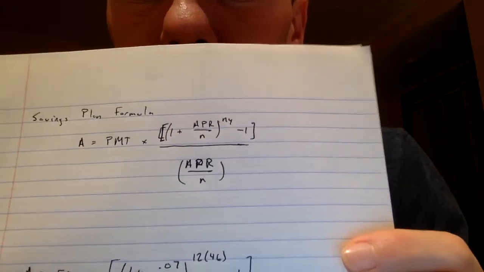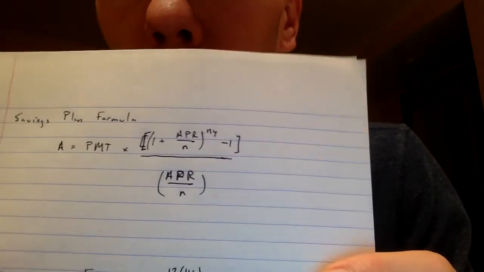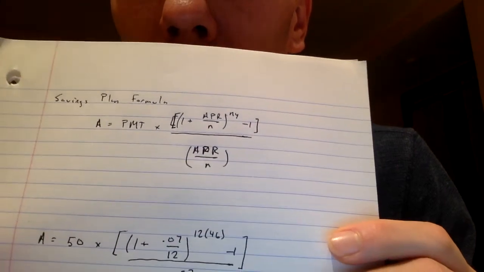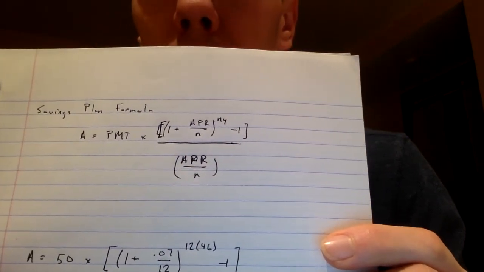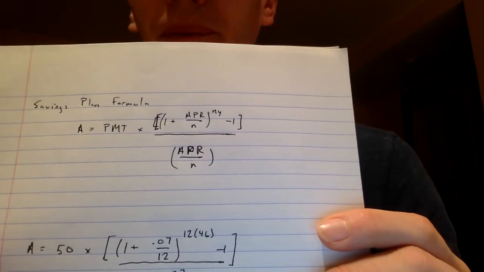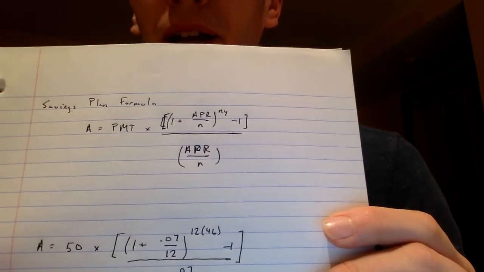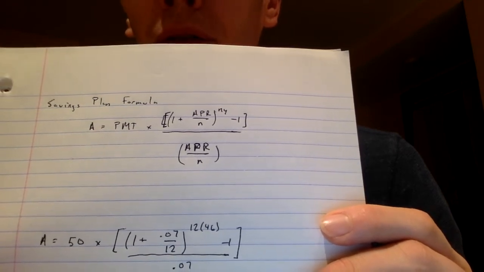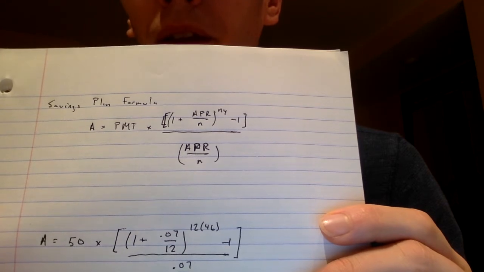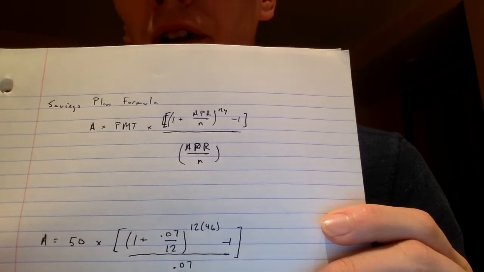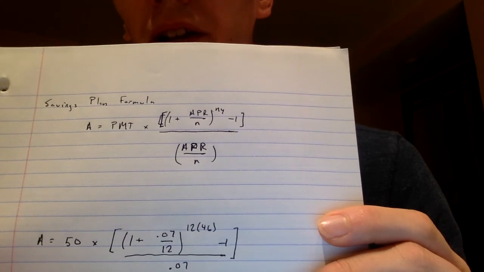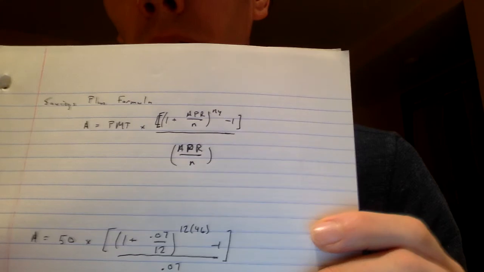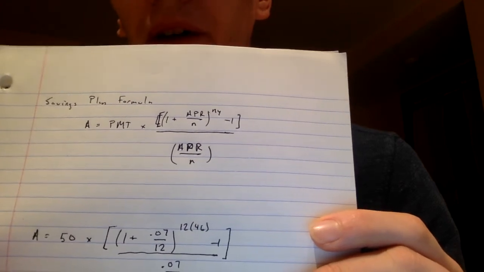So, the PMT, which is what you pay monthly, times, on the top of your fraction, you would have 1 plus APR divided by N, and that will be raised to that number of compounding periods. So if it's years, it would be like 12 months times the amount of years, all subtracted by 1 on the top, divided by the rate.